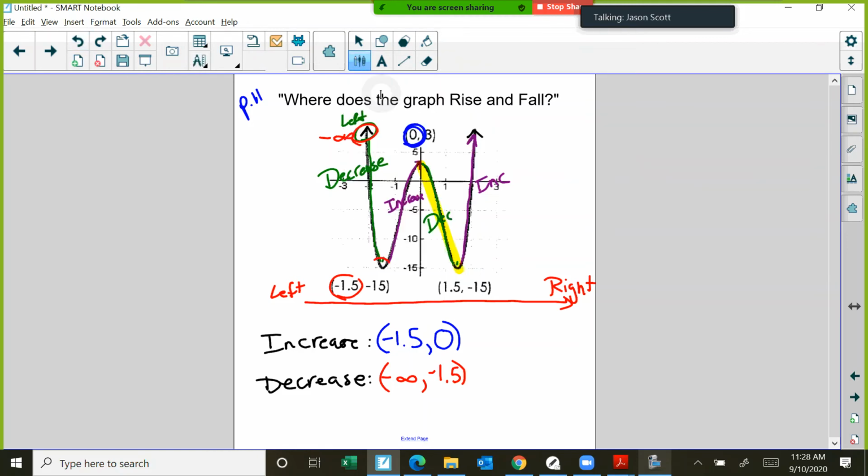What we need is, where does this highlighted green decreasing section begin? It begins at this 0 of that ordered pair. So that section starts at 0 and it ends right here at 1.5. All intervals in increasing and decreasing always get parentheses.